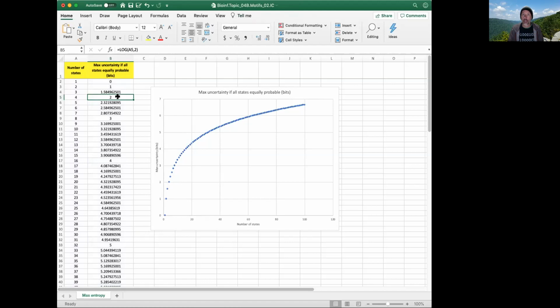That does not change as long as the system has 4 states. In the next slide deck, we'll talk about actual uncertainty compared to maximum uncertainty. The maximum uncertainty is linked to the number of states in a system. It's not linked to anything else about that system. The number of times you roll the dice doesn't matter as long as you have 4 states. This is the maximum.